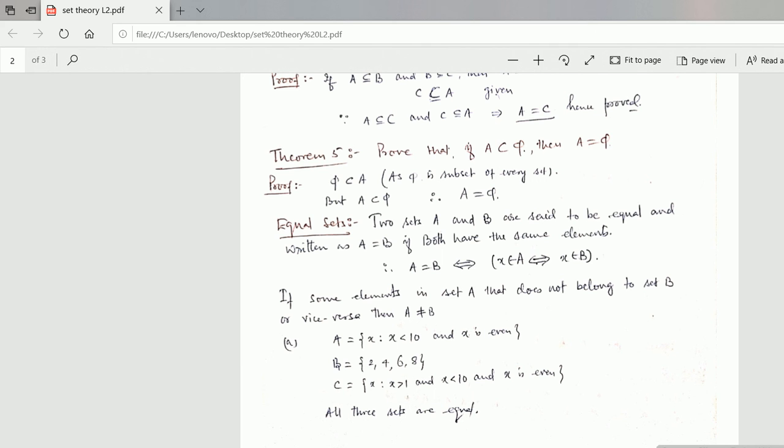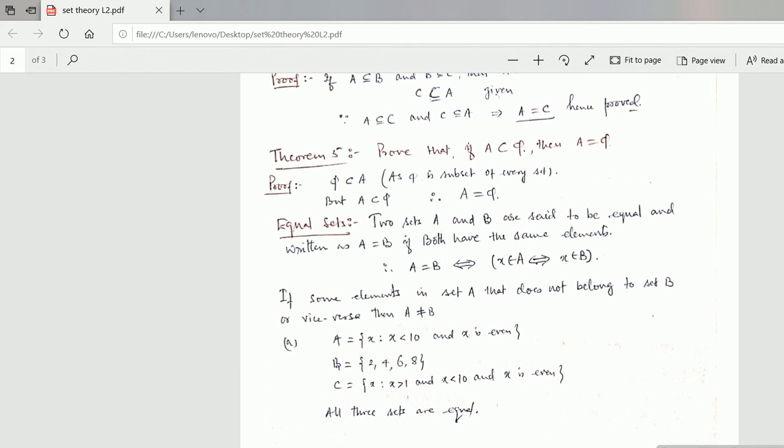See one example to discuss. A equals {x such that x is less than 10 and x is even}. This means we have to take the terms less than 10 and even.